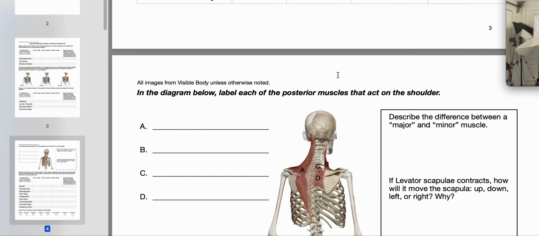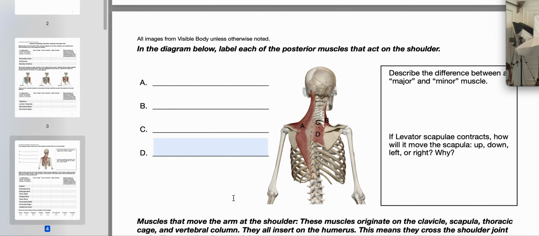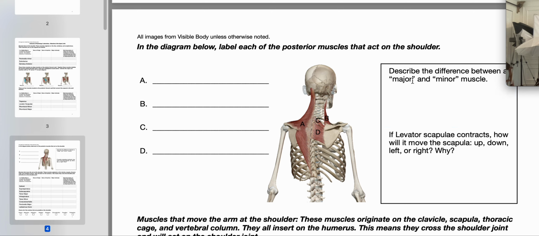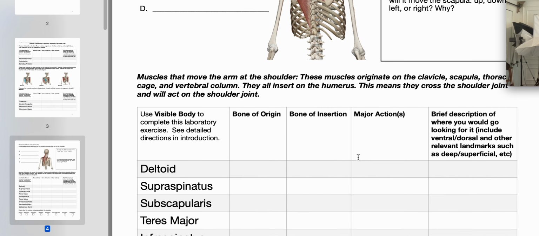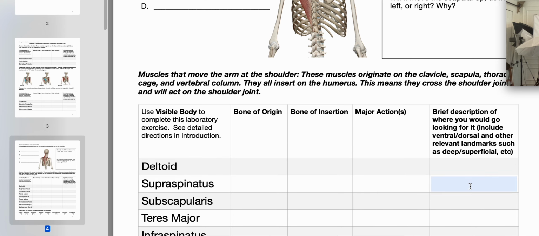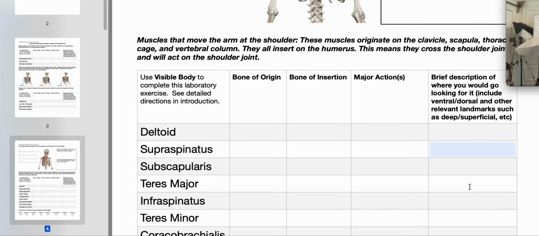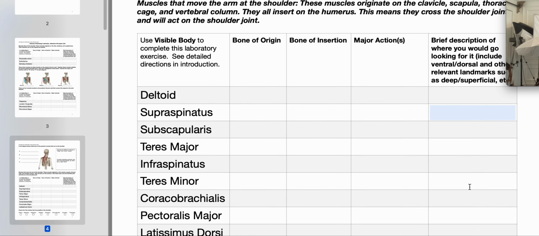Then again, you're going to label those muscles here. Once you've learned a little about what they do, you'll label the muscles based on this image, and there are some other little questions that might help make some connections for you. Then we move into the muscles that move the arm at the shoulder. Again, focus on the major actions and any other information that would help you recognize that muscle on the practical exam.